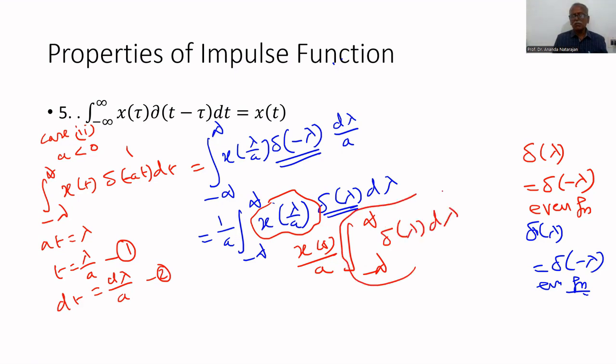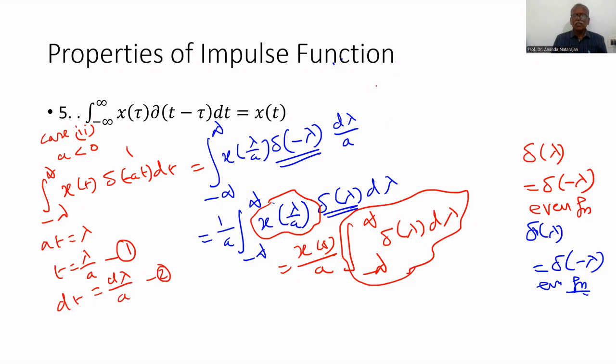This is the property of the impulse function; this is equal to 1. Therefore, that is equal to x of 0 divided by a. Whether a is positive or negative, we get x of 0 divided by a. That's why we get a positive value only.